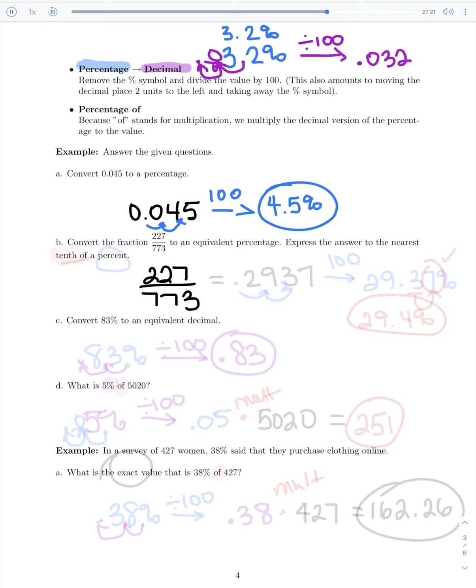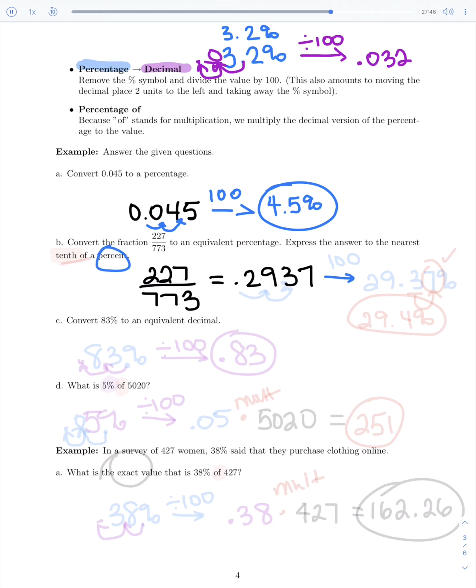So you go to your calculator, which is 227 divided by 773. And we have to kind of round this. It would be 0.293, and I'm going to go out here, 2937.